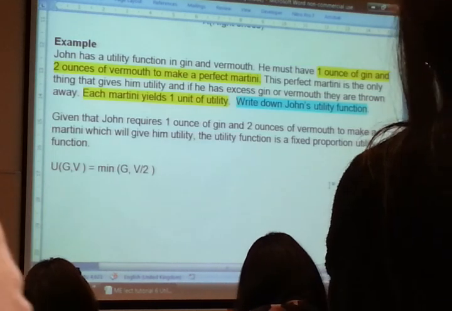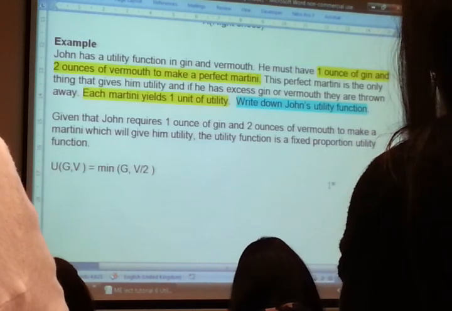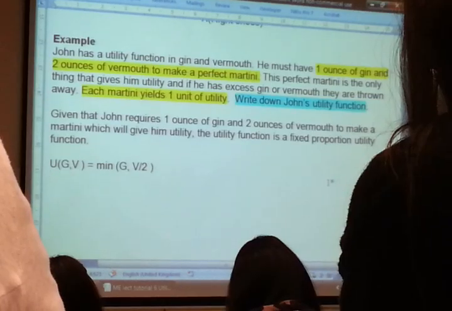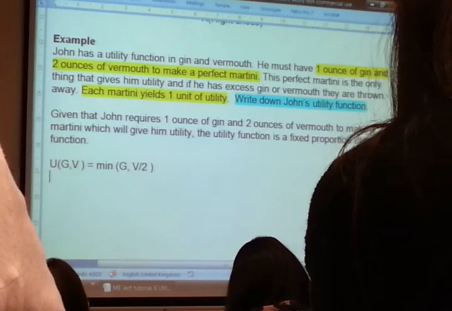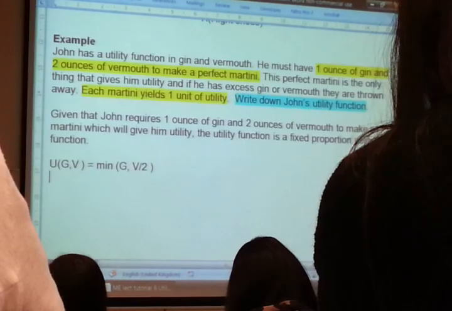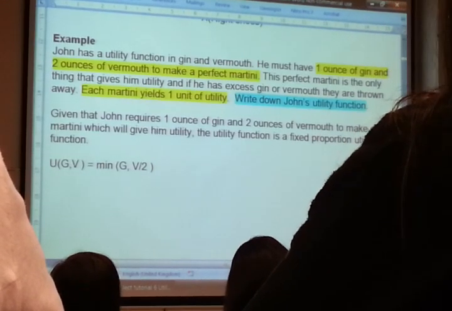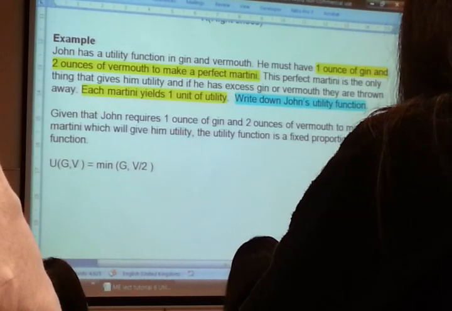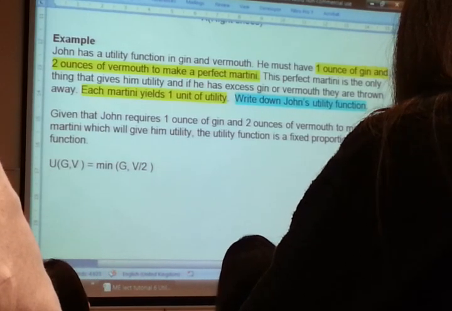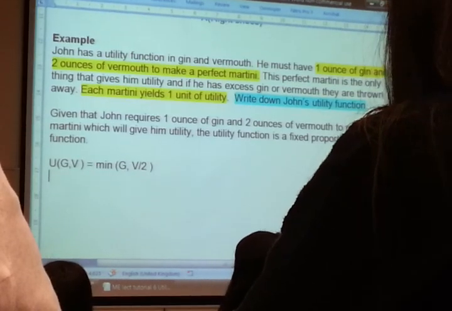So what does that mean? Write down John's utility function. Now, his utility comes from two things, G and V. What do we know?